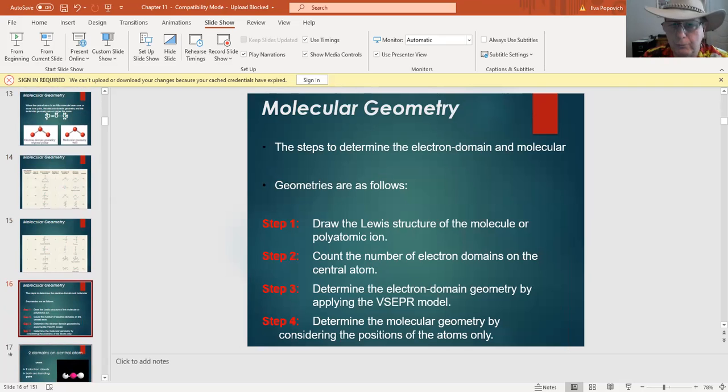So the steps: draw the Lewis dot structure, count the number of electron clouds on the center atom. Then use that first chart I gave you to determine the electron domain geometry.